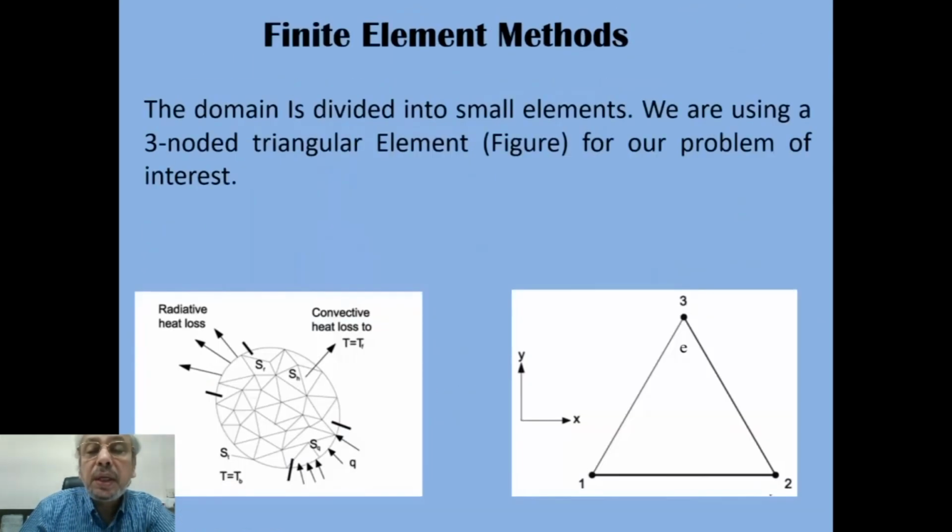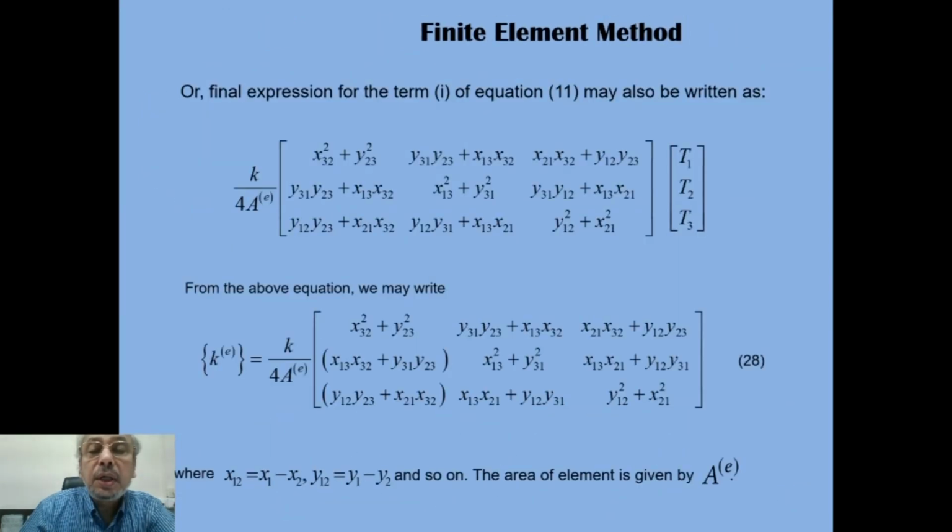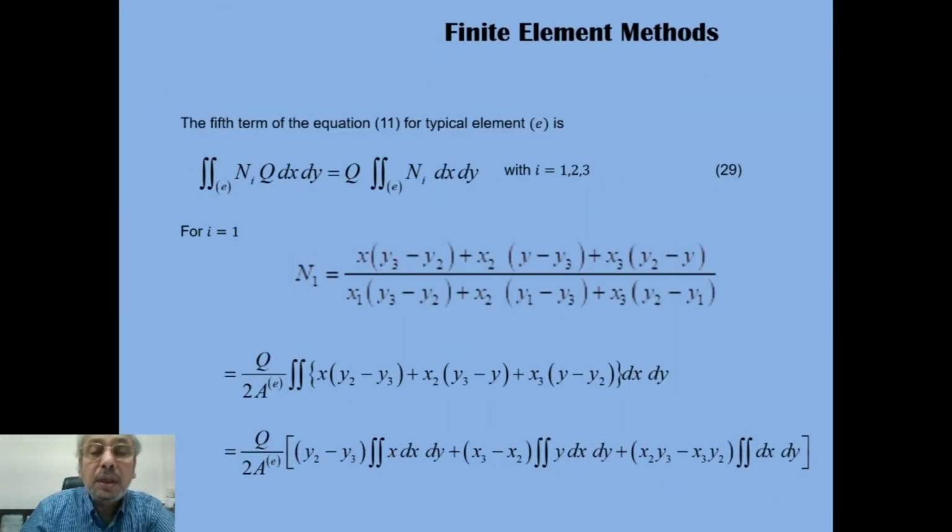So we will now go for evaluation of the fifth term, which is the integral over the element of Ni Q dx dy, where i will vary from 1 to 3.